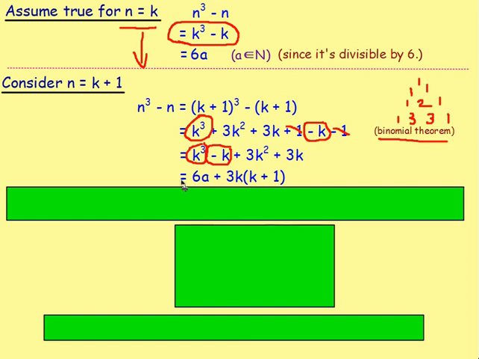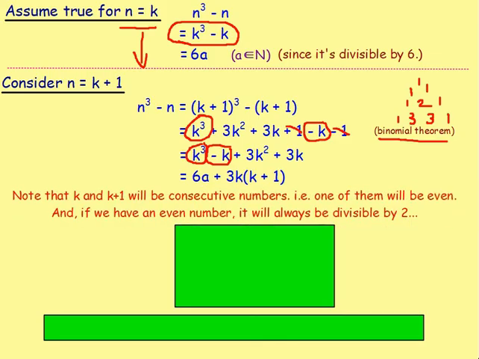Where do we go from there? Well, we're wanting to prove that this is divisible by 6. The 6a, we know that's divisible by 6 because it's 6 times something. But it's this part that we have to look at. What we've got so far is a 3, but we're really wanting 6 times something.